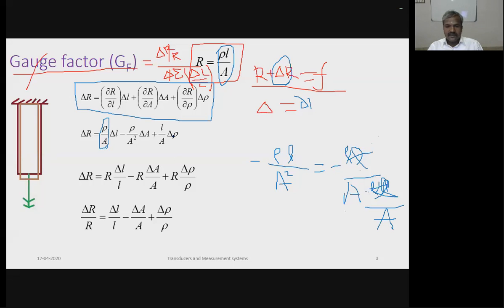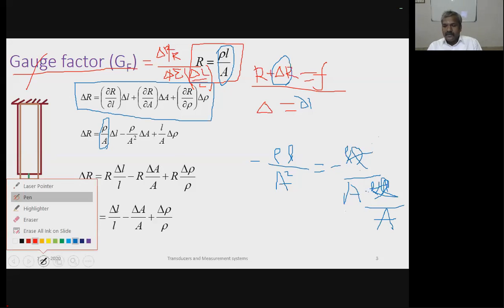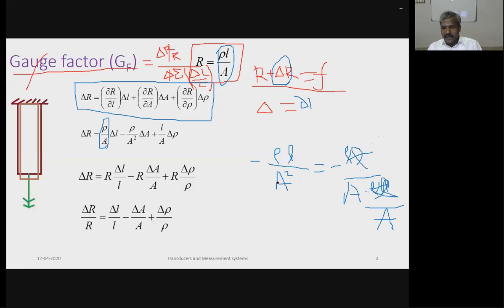L by A, constant rho, right? If you differentiate this, minus rho L by A square into del A, because it is with respect to A, del A. Understand?